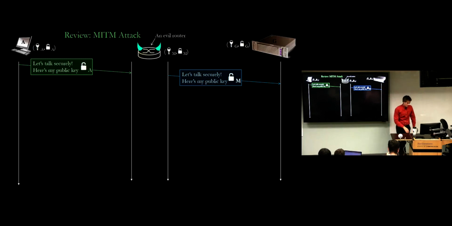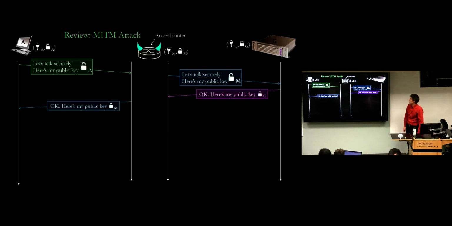So now that causes the other end of the connection to encrypt with the wrong key. And in the other direction, this receiver also sends its public key to the other side. But again, the man in the middle substitutes the advertised public key with its own public key.